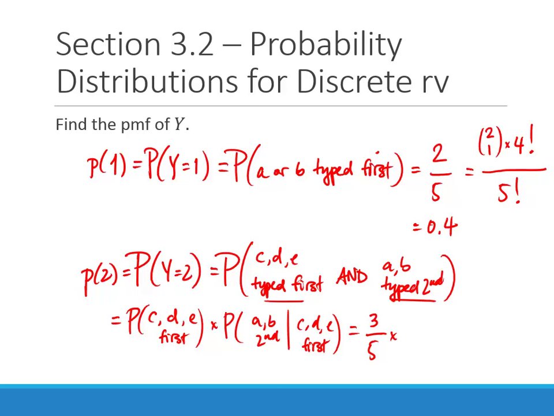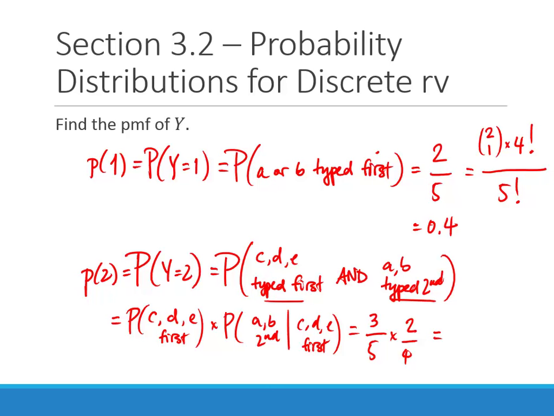Whatever I have in that first position, I have four people left to choose from, and I want all the cases where the second person I choose of those four is A or B. So that's two out of those four people that I care about. So that's one way to solve this.